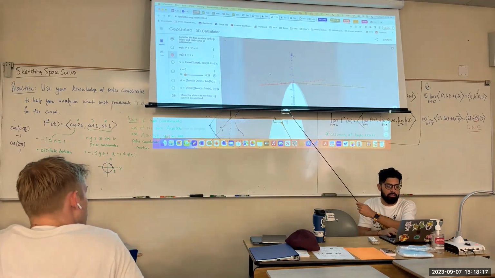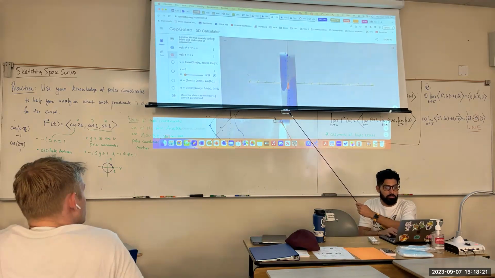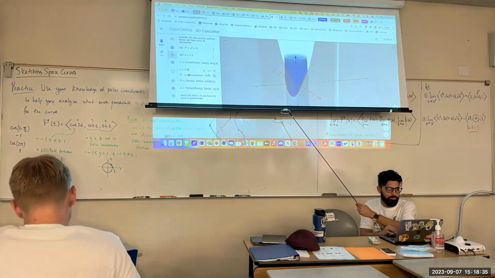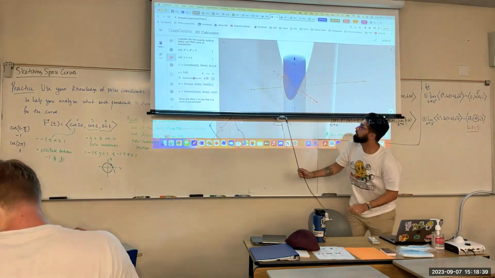What we're going to do is find the vector function that describes the intersection curve of those two surfaces. We're going to do that when we come back next week.